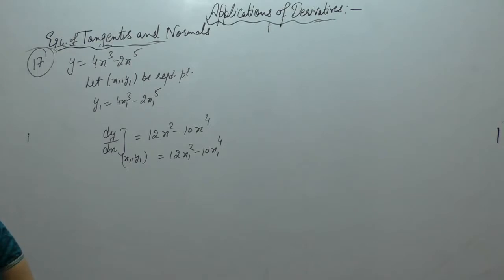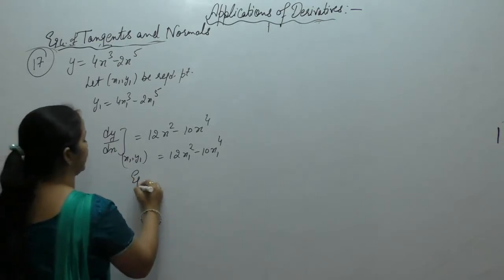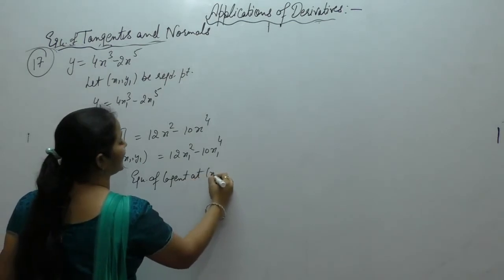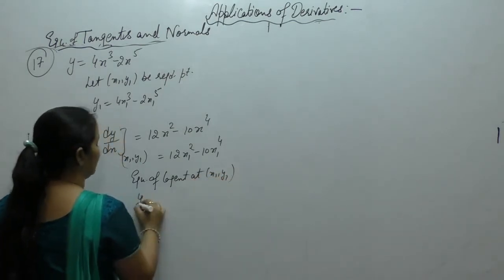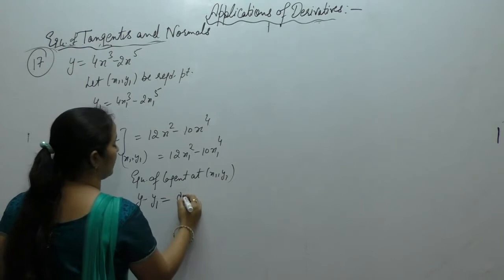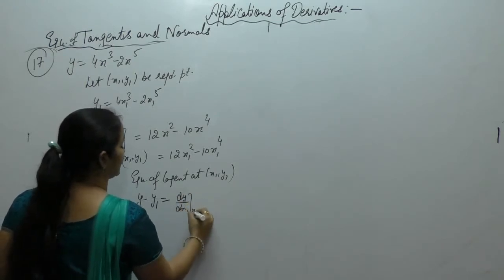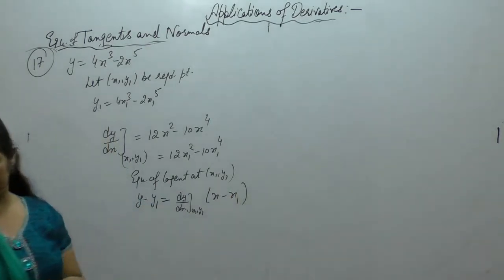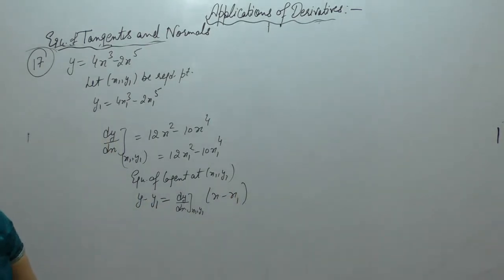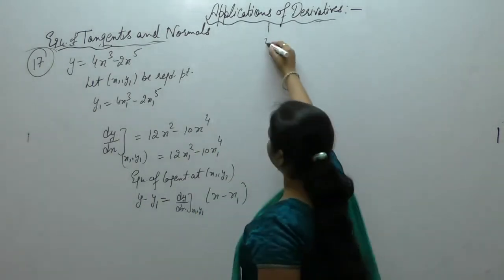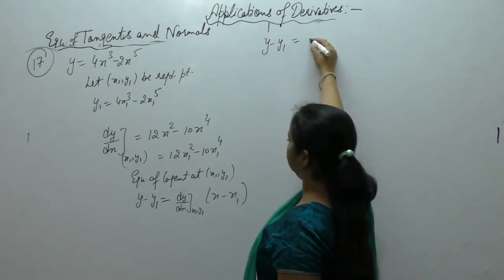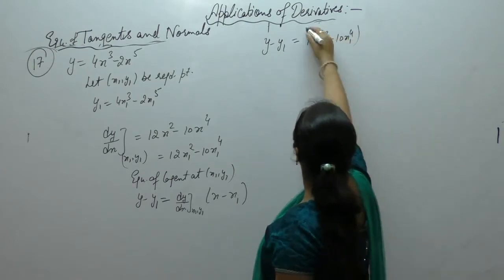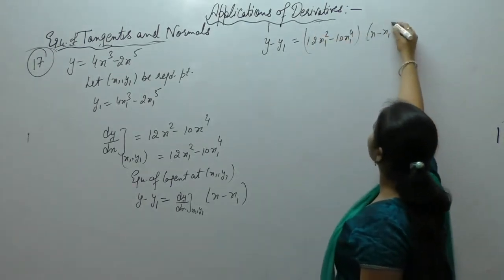Now equation of tangent at point x1, y1, y minus y1 is slope of tangent at x1, y1 times x minus x1. यही वैल्यू है हमारे पास. So what we get? Y minus y1 is 12x1 square minus 10x1 power 4, x minus x1.